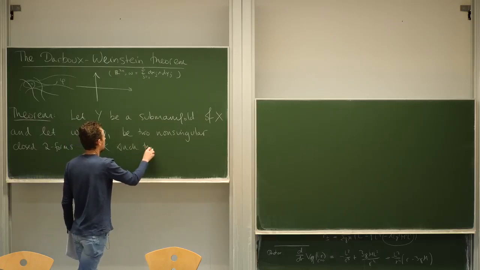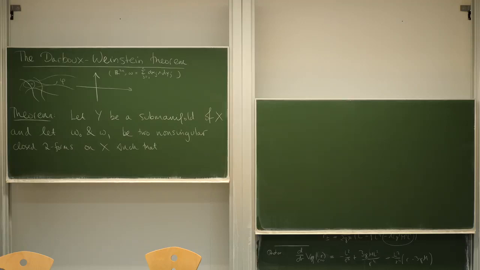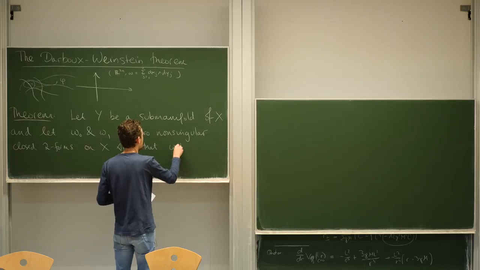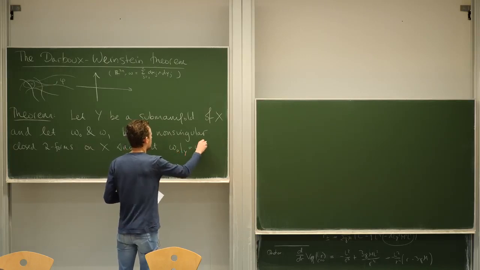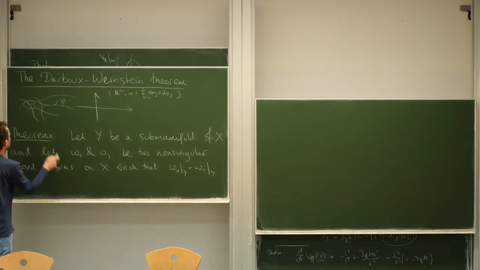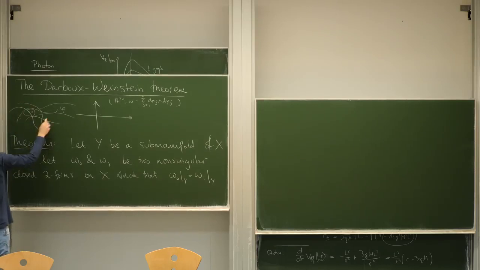And the thing that's interesting about these two closed two forms is that they're the same on this submanifold Y. So they could do something completely different outside of the submanifold Y, but on Y they're exactly the same closed non-singular two forms. So the picture is you have your big manifold X, and then you have some submanifold Y, which is some lower dimensional manifold stuck inside X. You have two non-singular closed two forms, which agree on this submanifold Y, but possibly not on X.